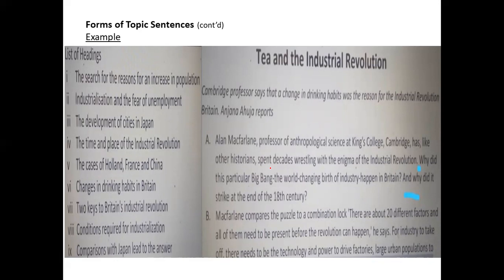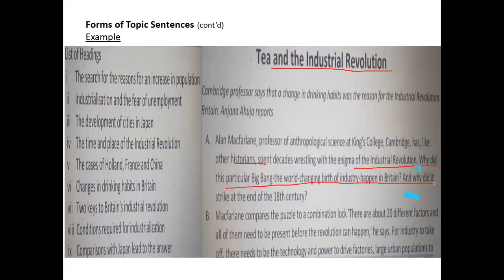You agree with me that paragraph A is talking about the history of whatsoever we're talking about, which is tea and industrial revolution. Okay? And how did it talk about industrial revolution? It presented its topic sentence: why did this particular Big Bang happen in Britain?